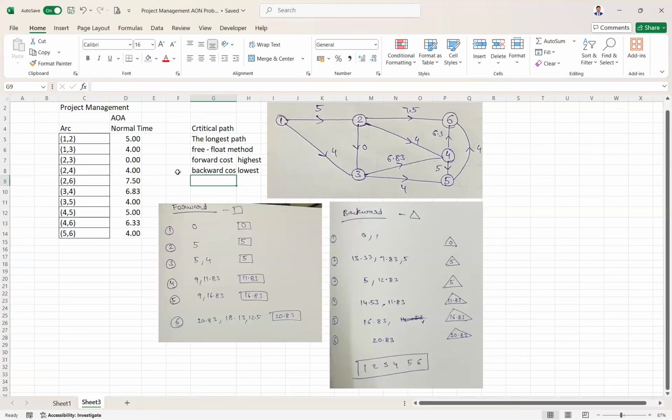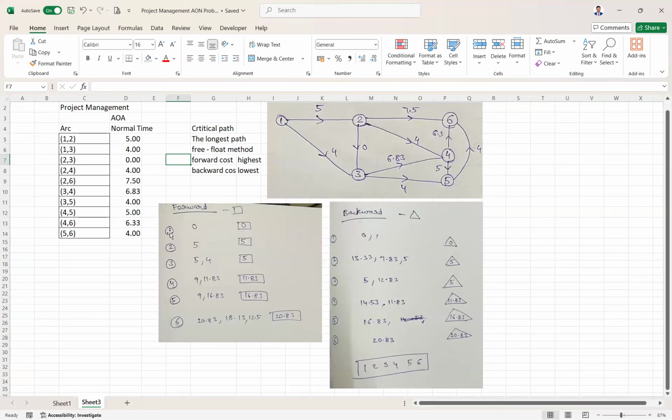Then how do we calculate the forward and the backward cost? Forward cost, by the name itself, means you have to move from the starting node, which is node number 1 in this case, to the finishing node, which is node number 6. When we are moving from nodes 1 to 6, we follow all the arcs. If you see in this photo, the nodes are being mentioned.